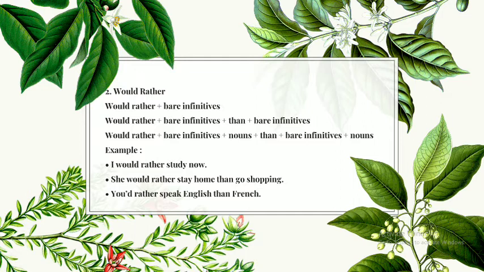For example, I would rather study now. Next, would rather plus bare infinitive plus than plus bare infinitive. For example, she would rather stay home than go shopping. And the last, would rather plus bare infinitive plus noun plus than plus bare infinitive plus noun. For example, you would rather speak English than French.